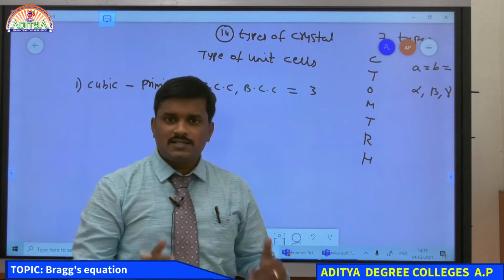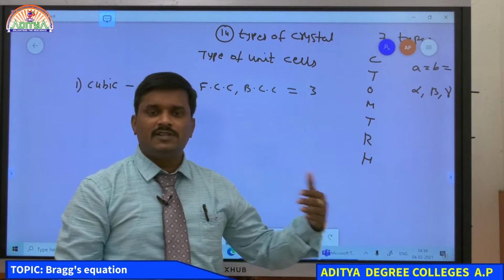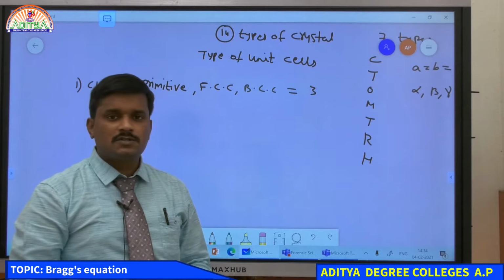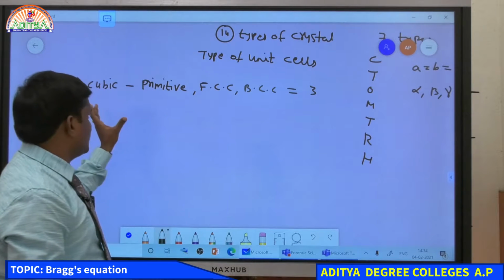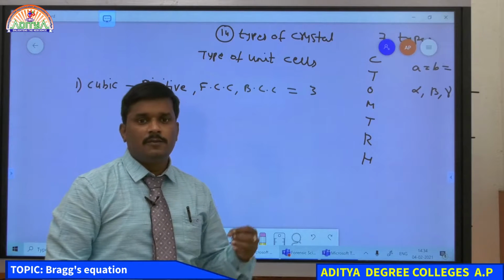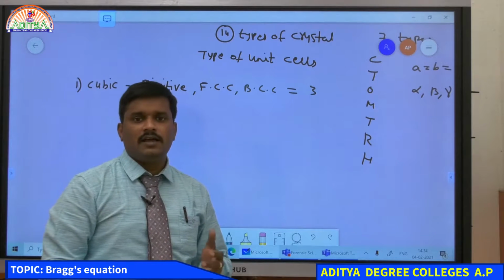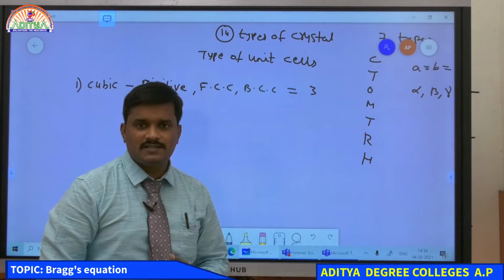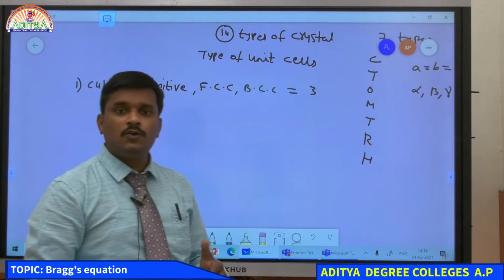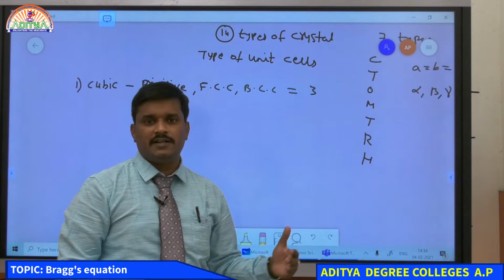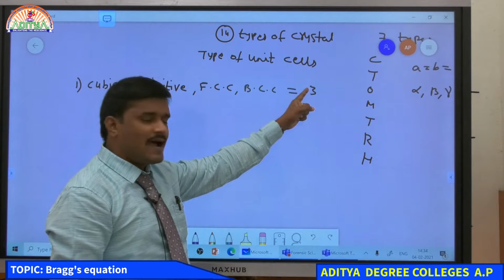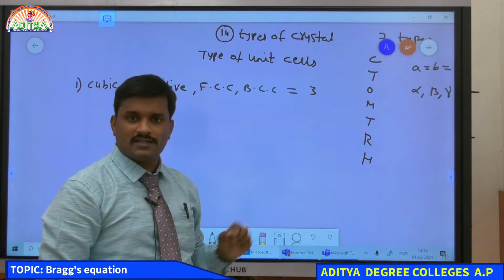A cubic crystal is further classified into 3 types based on the unit cell. In the case of a cubic crystal, there are 3 types of unit cells: primitive cubic, FCC, and BCC. That is why a cubic crystal is further classified into 3 types. So 3 is the number of Bravais lattices for a cubic crystal.